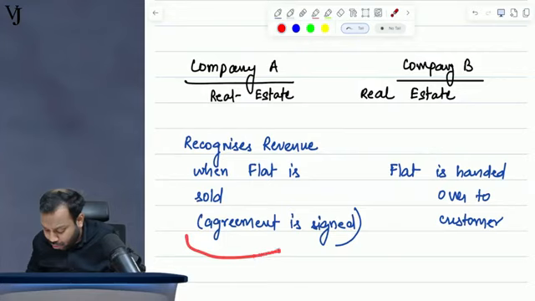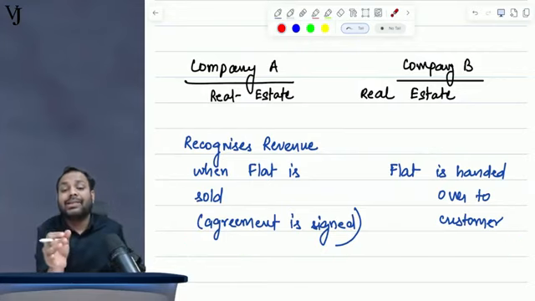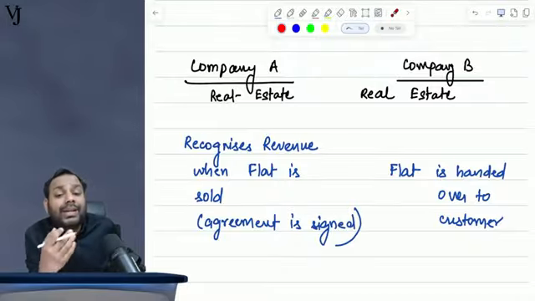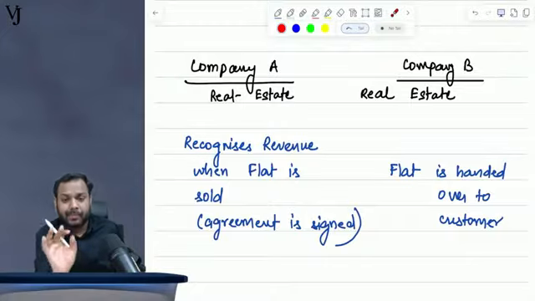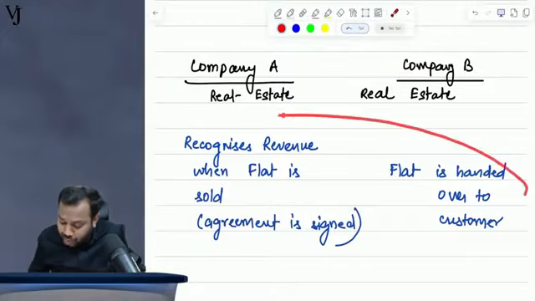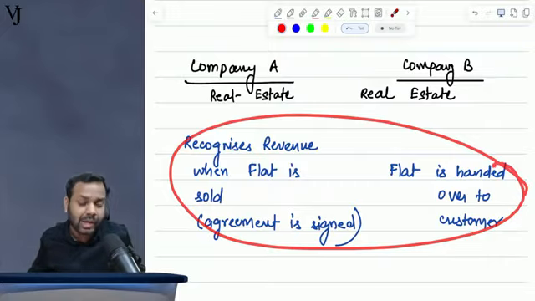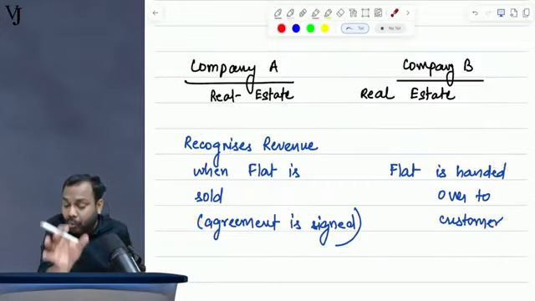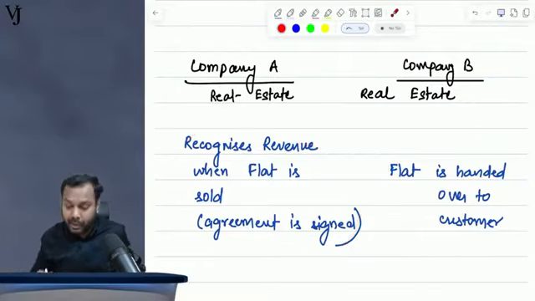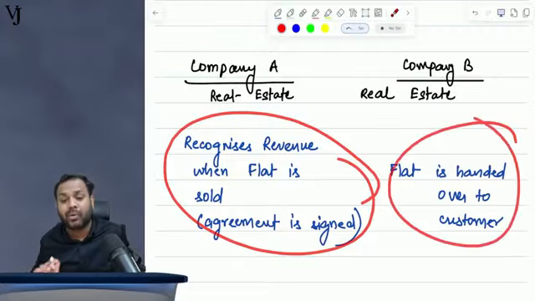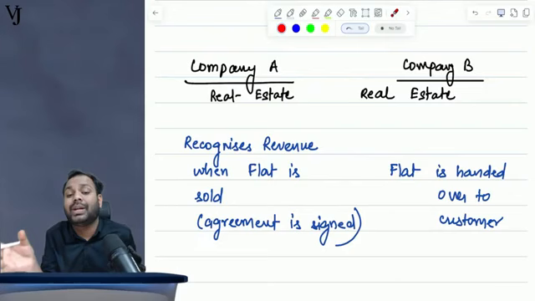So there was a lack of comparability, and therein arises the need of an accounting standard, so that companies follow the same accounting treatment for the same transactions. If there is an accounting standard, both companies will apply the same accounting treatment.